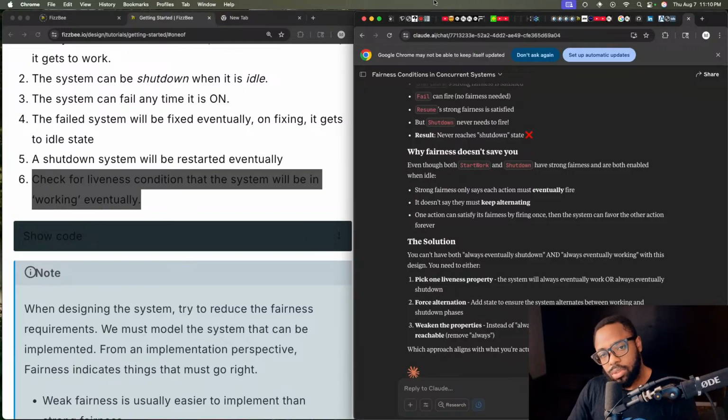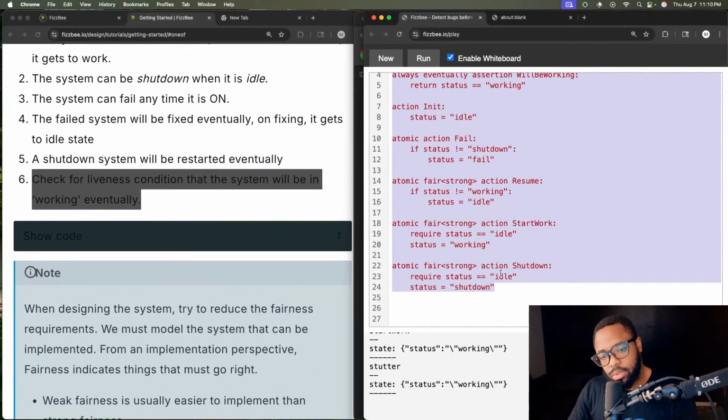Forcing alternation is what I need, I guess. Also, I don't like the fact that I have so many strong fairness things. How would you force alternation here?